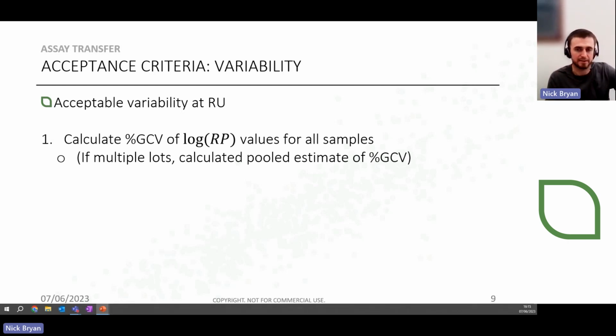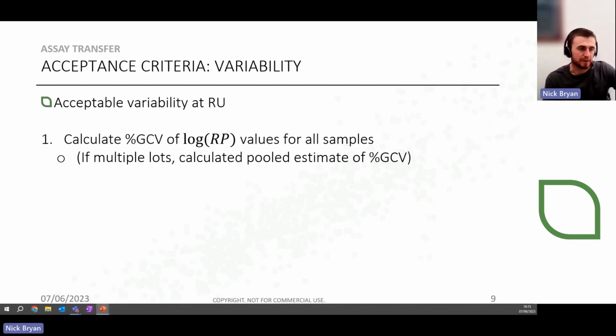So this is similar to the coefficient of variation, except we're looking at log scaled values. So we would look at the percent GCV of the log relative potency values for all samples, or for all independent replicates of the same batch.